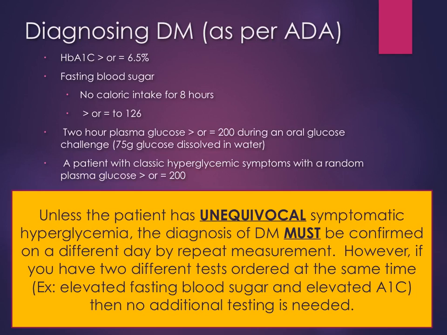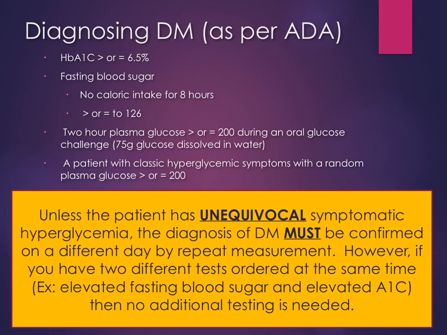Just like with blood pressure, you're not always going to make the diagnosis of hypertension based on one reading. You're going to repeat it. The same should hold here unless they have overwhelming symptoms like diabetic ketoacidosis. Otherwise, you need 2 tests. You can either repeat a test that you obtained, or you can just use another test.